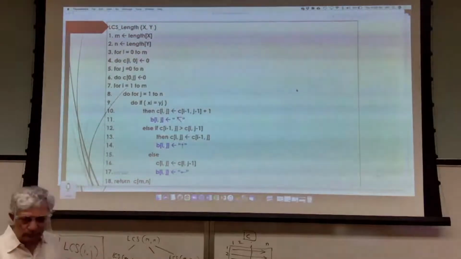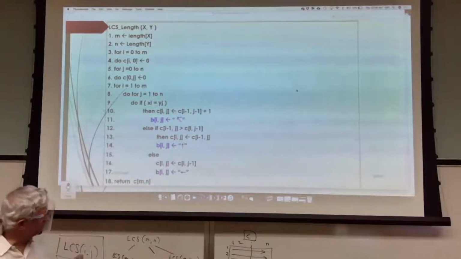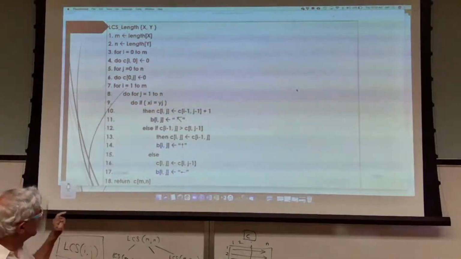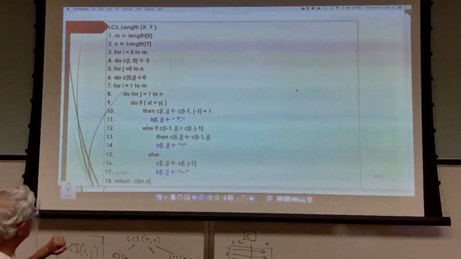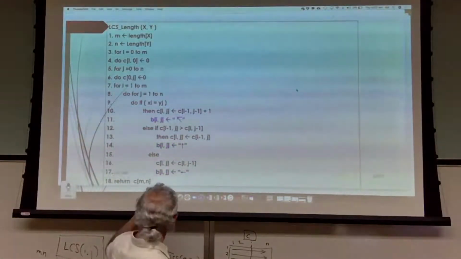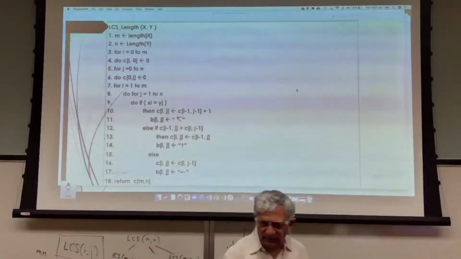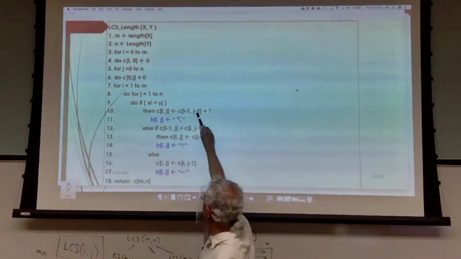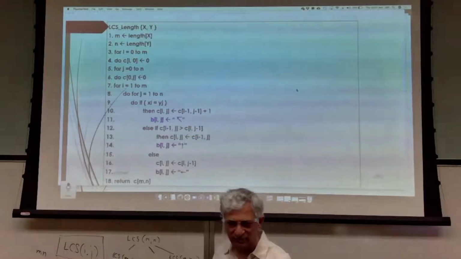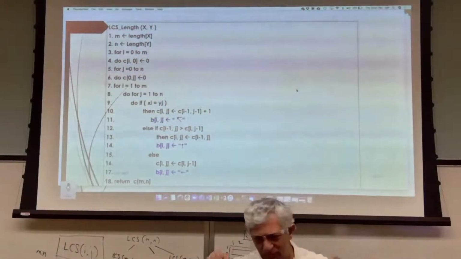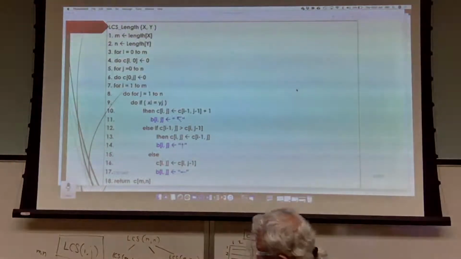If you want to figure out what the longest common subsequence is, then you have to work a little bit harder. And the way you do this work is you go and look at C of m comma n and say, how did I figure this out? Did I figure it out using this condition, or this condition? And depending on what I did, you can figure out how to match the characters.